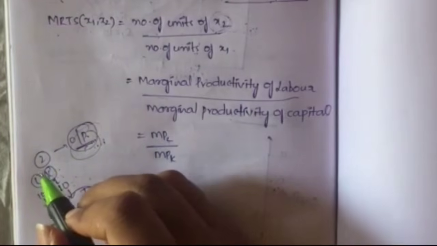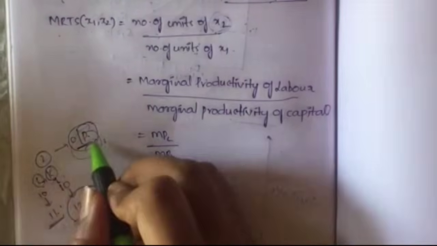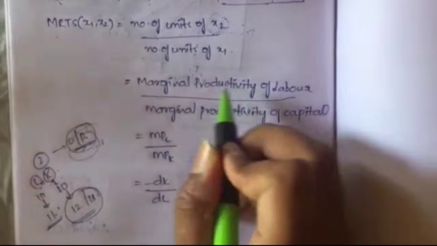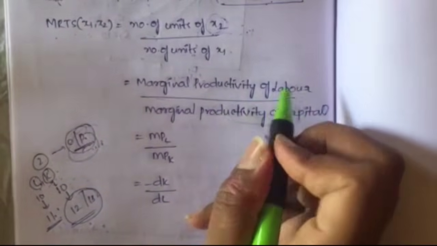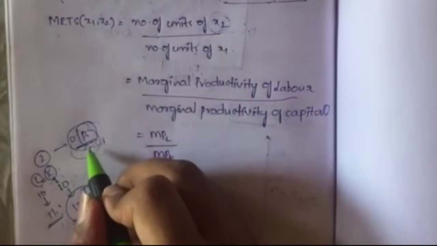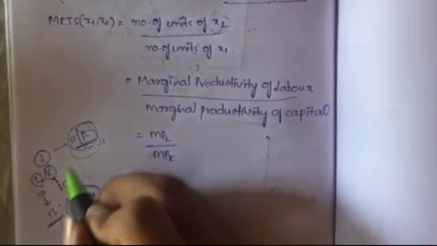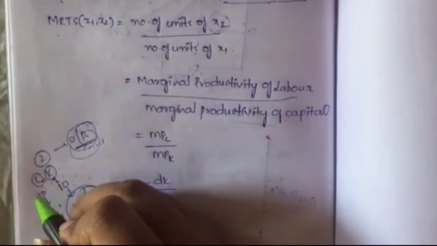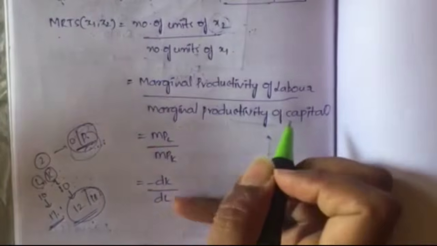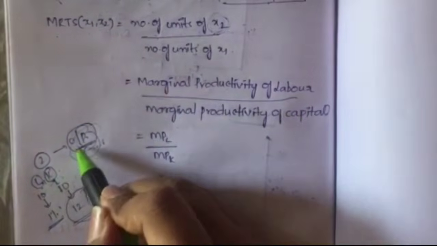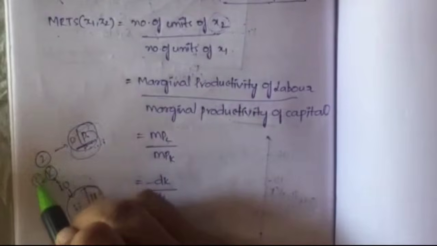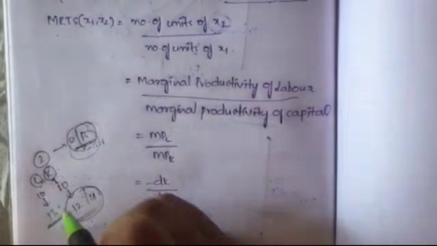That is marginal productivity of labor: the change you observe in the output when the number of units of labor is changed. Marginal productivity of capital is the change in output you observe when the number of units of capital is changed.